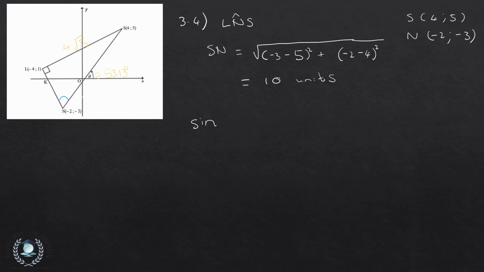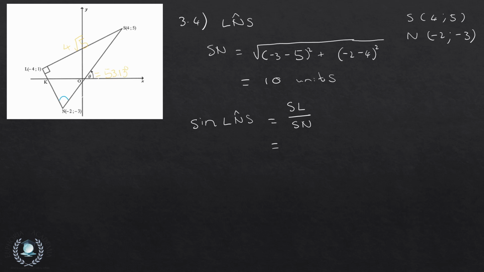Now, like I said, we're going to use trig, and I'm going to find the sine of the angle LNS, which will be equal to, sine is opposite over hypotenuse. SL is opposite, and the hypotenuse is SN.